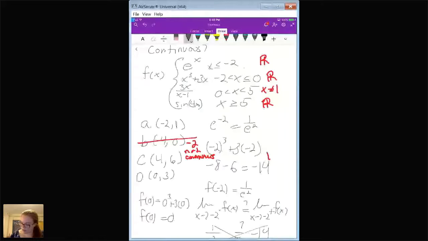What about option C, 4 to 6? That is between 3x over x minus 1 and sine of 4x. What do we think about that option? Do you guys have any strategies for checking to see if that is right?